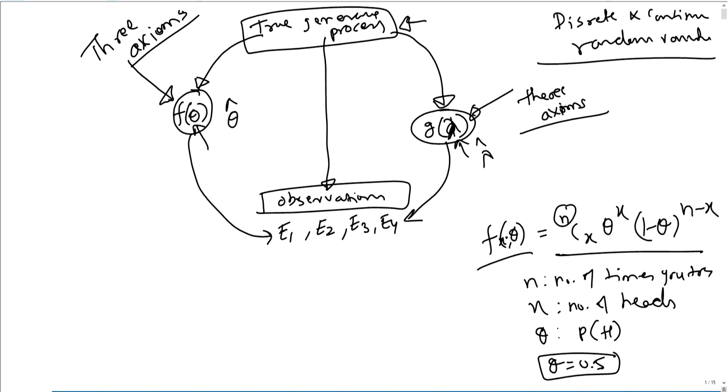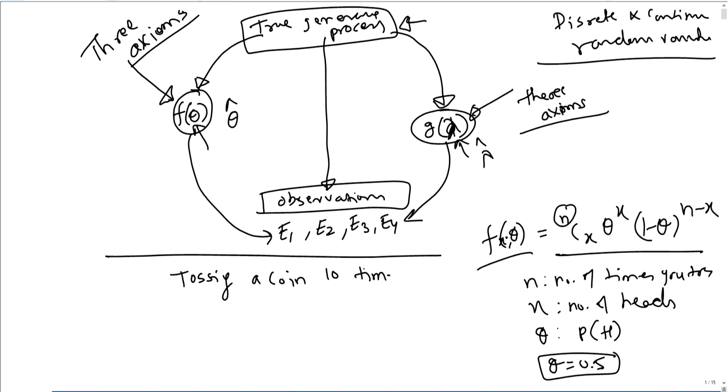Okay. So, just to explain it using an example, let us say you are tossing a coin, this is your experiment, you are tossing a coin 10 times. And let us say we are interested in the number of heads. So, what would be your sample space?